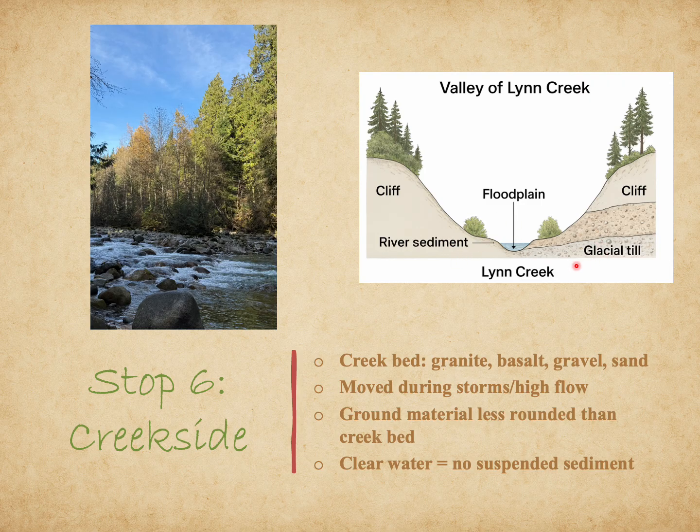As I told you in the last slide, we also have a glacial till layer at this place. The ground material was less rounded than the creek bed, and at this place there was fairly clear water, due to no suspended sediments.